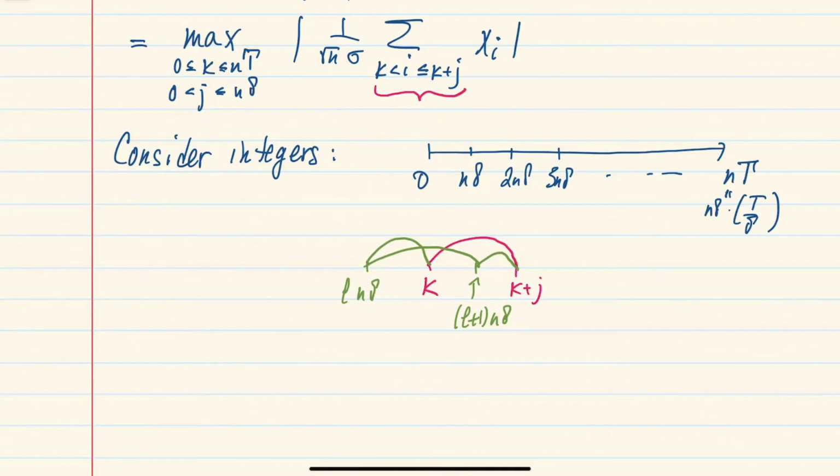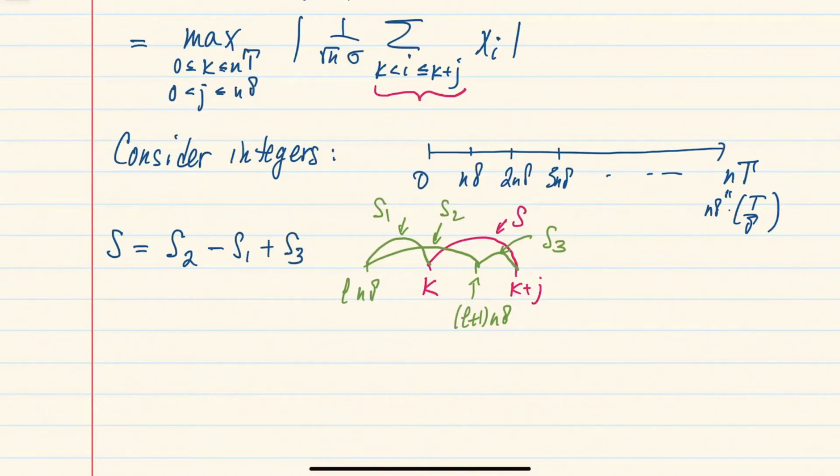Okay, so let's call our original sum S, and let's call this first sum here S1, this second sum S2, and this third sum S3. So S then can be written as S2 minus S1 plus S3.